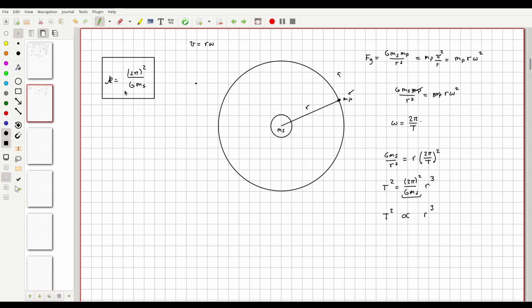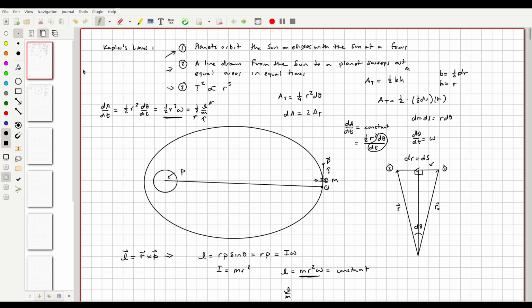Okay. So what we have here is, from the assumption of the existence of gravity and the calculus, we have derived 2 of 3 of Kepler's laws, which were empirical laws. So this was a huge success.